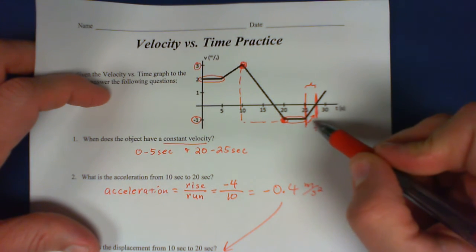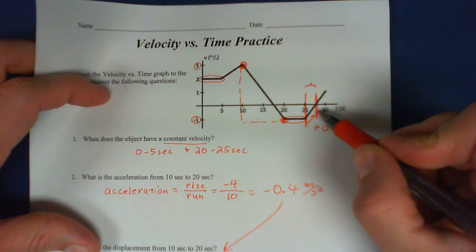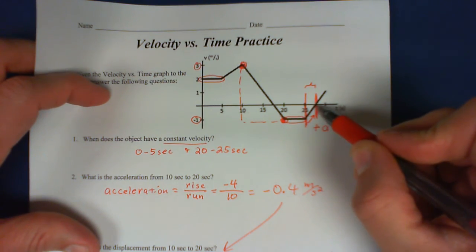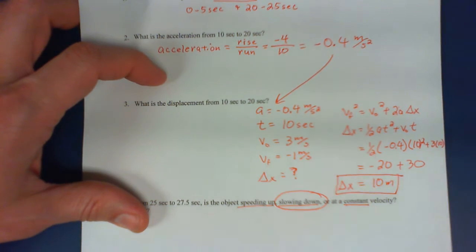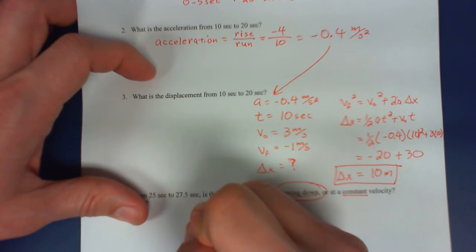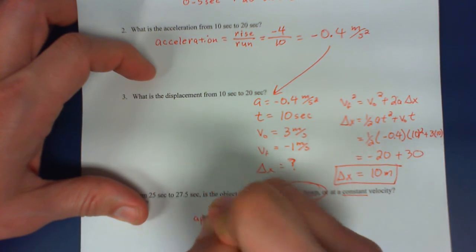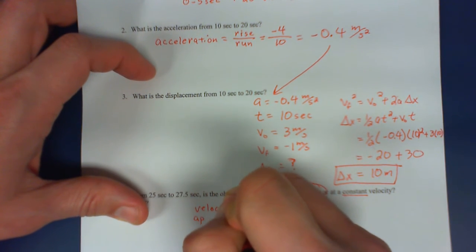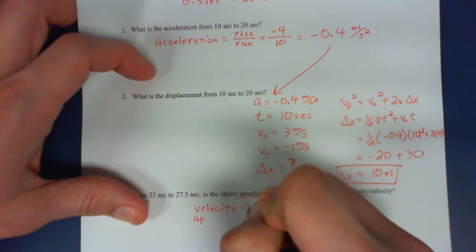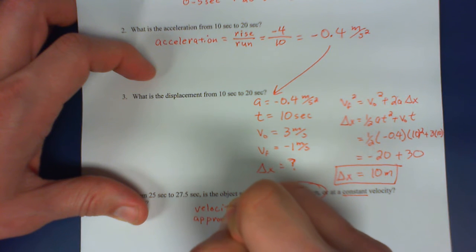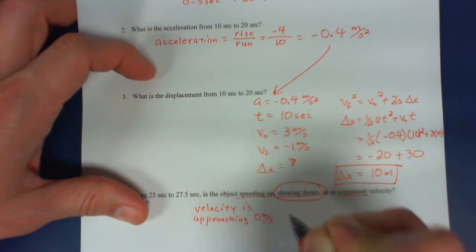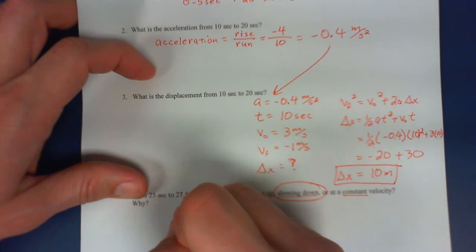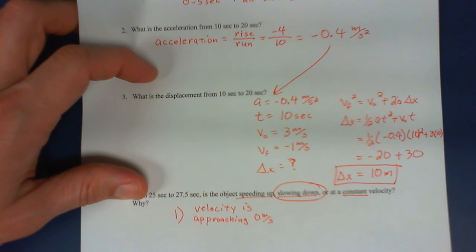You can see as time goes from 25 to 27 and a half that it's getting closer to zero. Closer to zero means that it is slowing down, because the velocity is approaching 0 meters per second. So that's one way to tell.